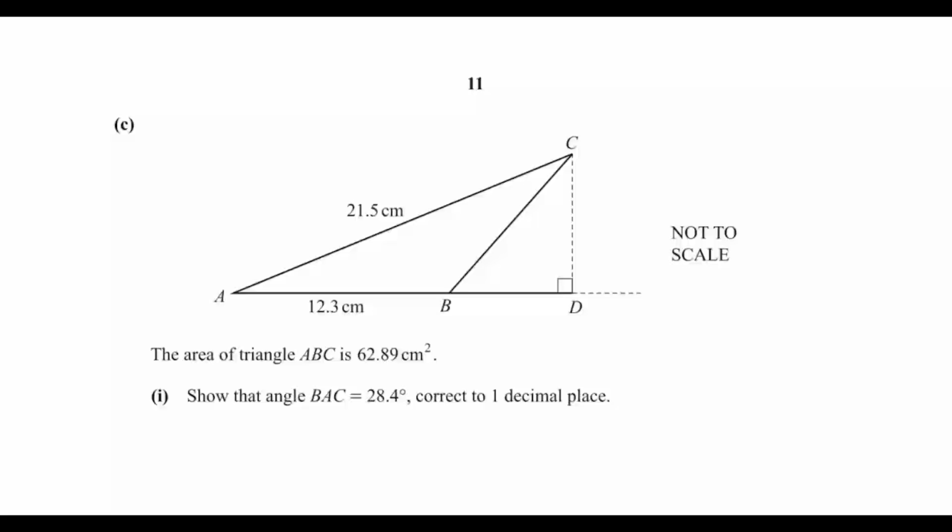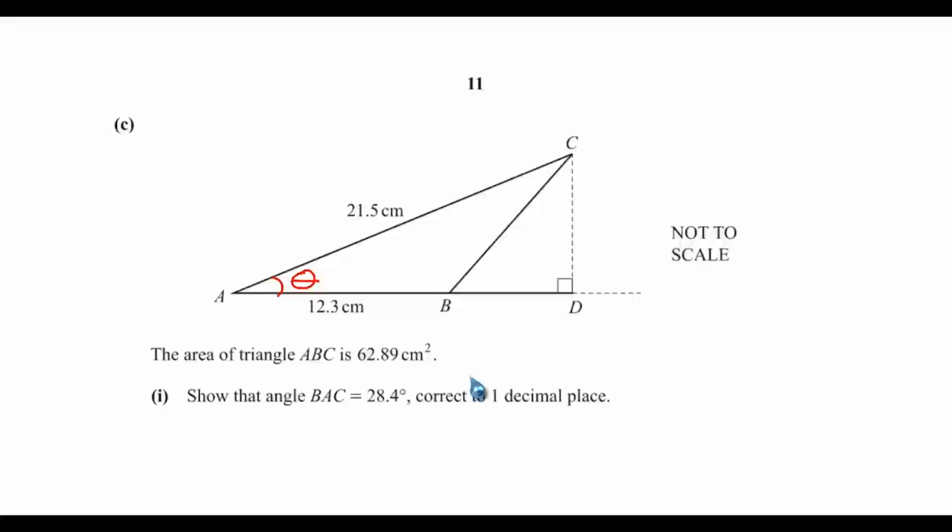The area of triangle ABC is 62.89 centimeters squared. Show that angle BAC, this angle here, is equal to 28.4 degrees. We can denote it by theta, correct to 1 decimal place.